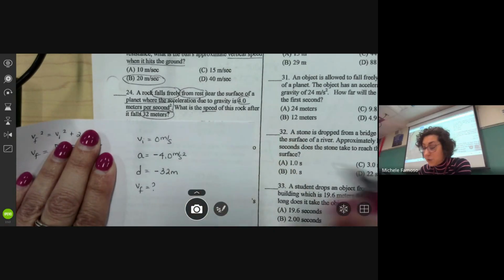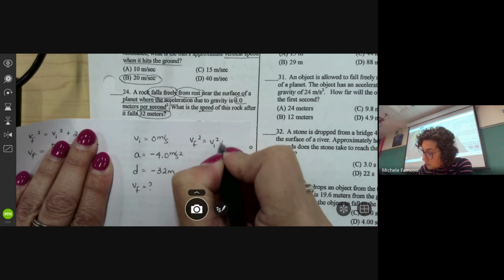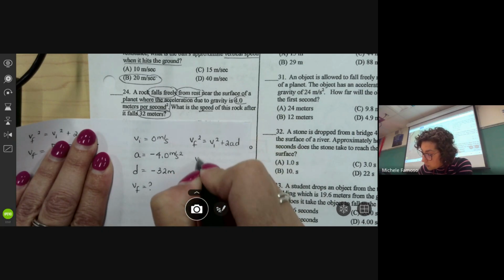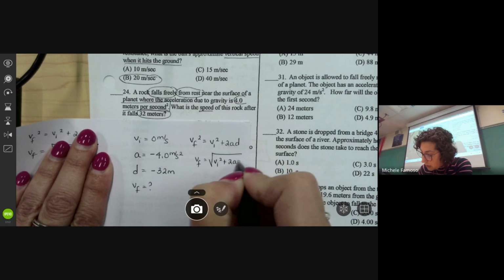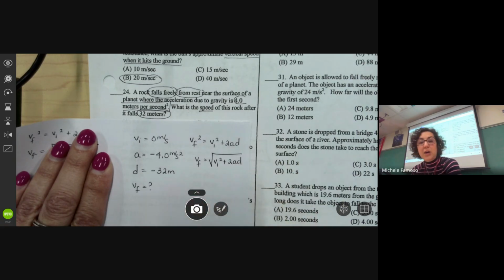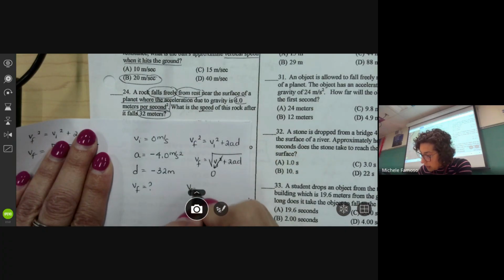So again, based on those givens, I'm going to use the same equation. VF squared is VI squared plus 2AD. So the VF is the square root of VI squared plus 2AD. Since I want speed, I don't care about the root. The VI is 0. So the VF would equal the square root of 2 times -4 meter per second squared times -32 meters.